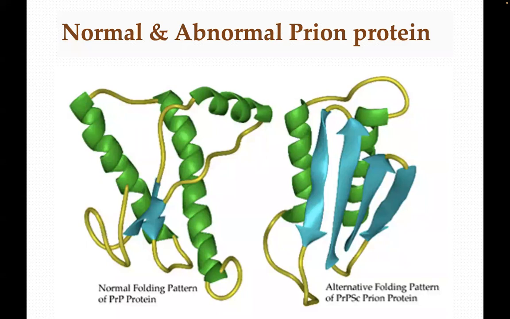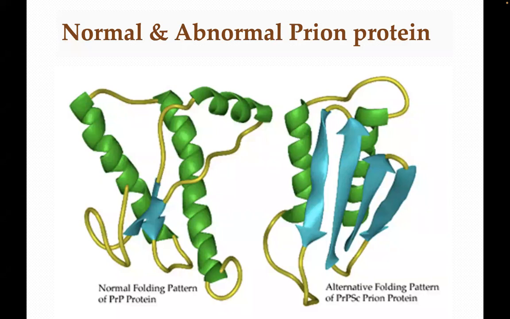This slide is for us to appreciate the difference between the normal prion protein and the abnormal prion protein. On the left, we can see the normal folding pattern of the prion protein. The normal prion protein is called PrPC, which just means prion protein cellular.